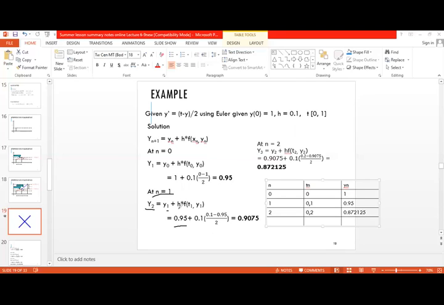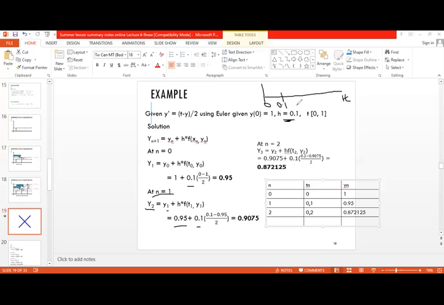Your step size is always 0.1. It doesn't change. But your t keeps increasing from this point. Just like we saw on the x-axis, this time the axis is t, and we are starting from 0 to 1, with a step size of 0.1. So it keeps increasing by 0.1.